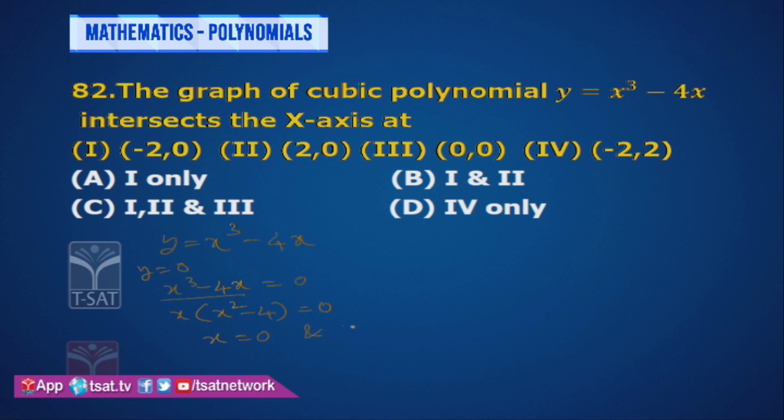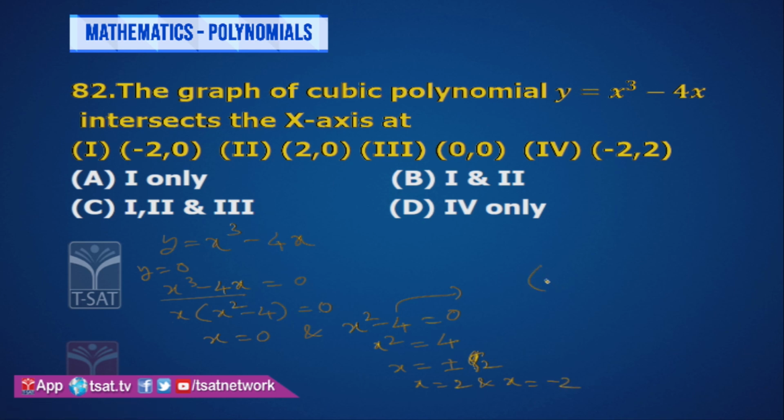Then x equals 0 is the first one. And the second one, what is there? x squared minus 4 equals 0. Then x squared equals 4. This minus 4 goes to the right side, it will become plus 4. Then what will x equals be? Plus or minus 2, not root 2, plus or minus 2. That means x equals 2 and x equals minus 2.